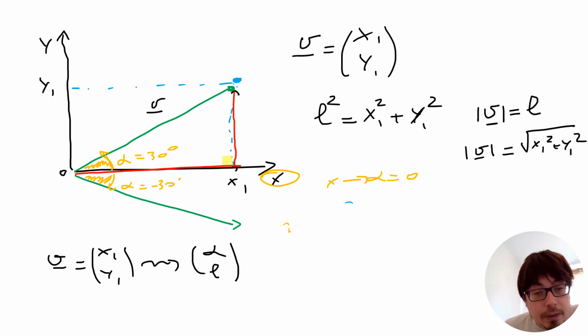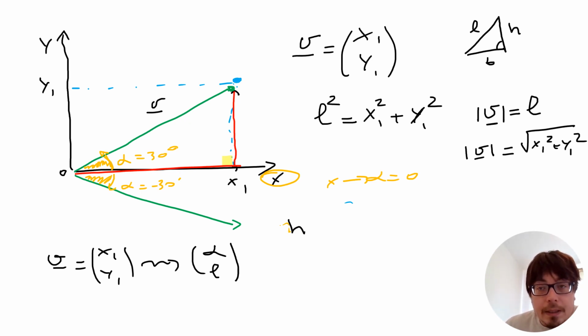So we know that, as I said, in a triangle with this shape, with the 90-degree angle placed in that corner, the height h is given by, this is L and this is the base and this is the angle.